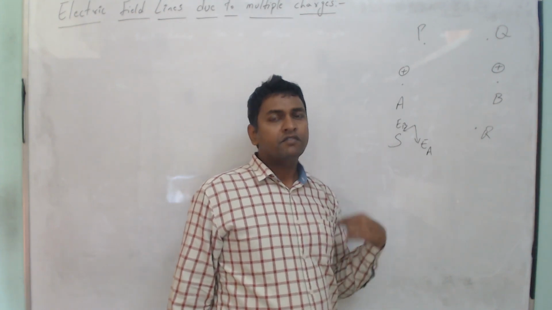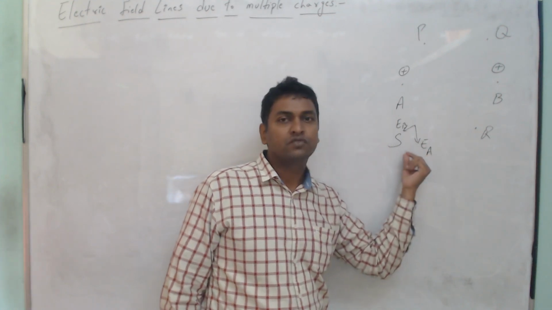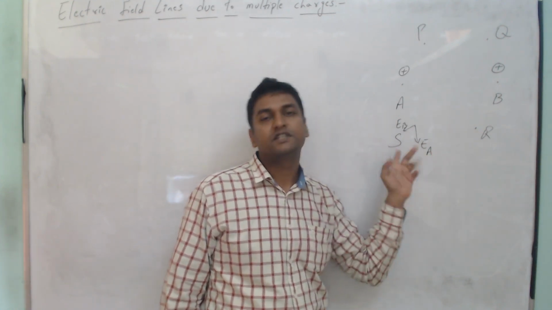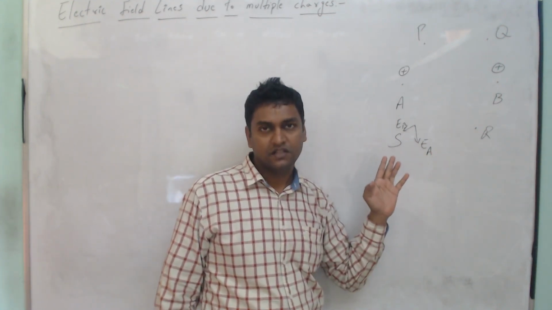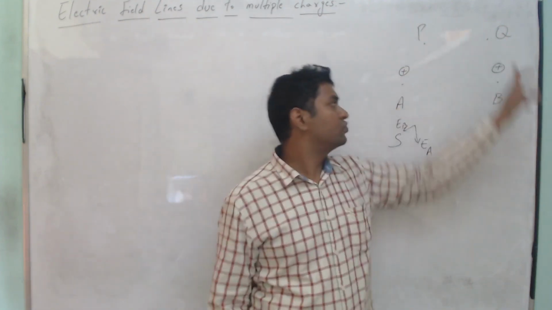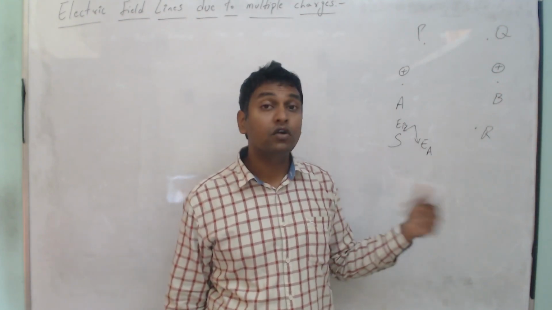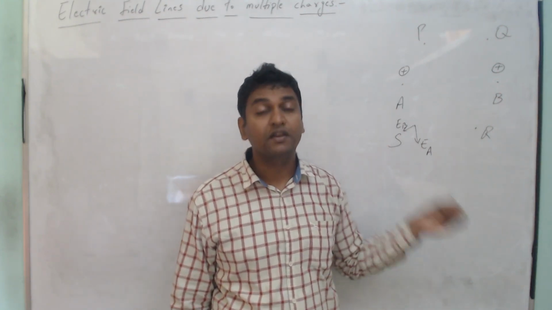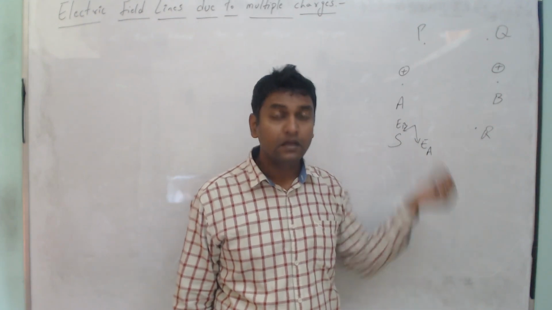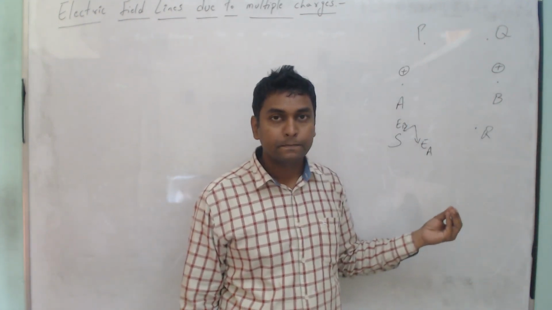Yes, sir. So that when we find the field, we multiply it with any test charge placed over there and we will get the force on the test charge. Yes, sir, that's how we define it. So these points P, Q, R and S are 4 points where I want to study the direction of the electric field line due to both the charges at A and B. Yes, sir.